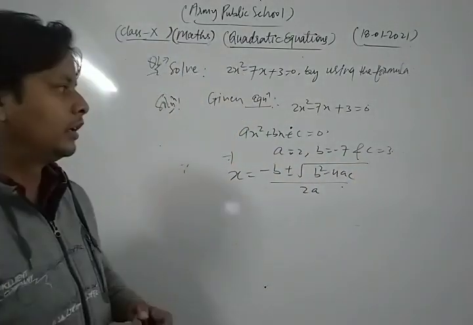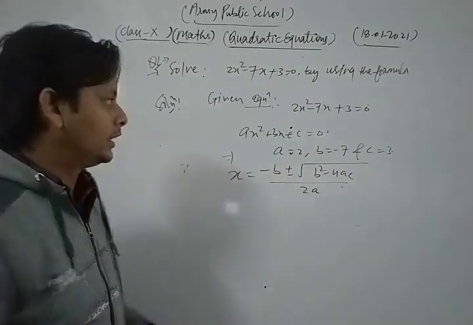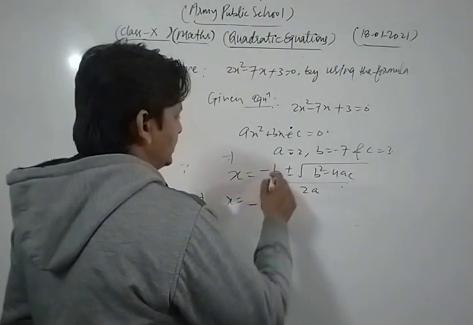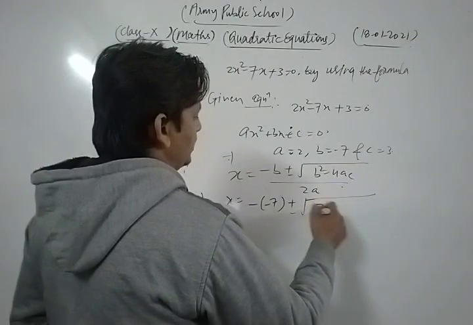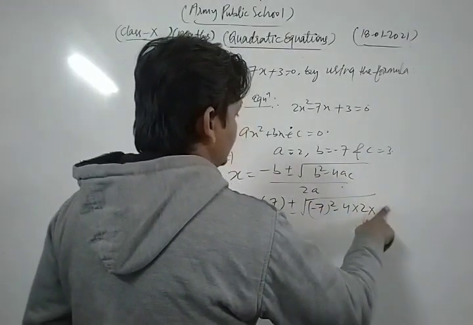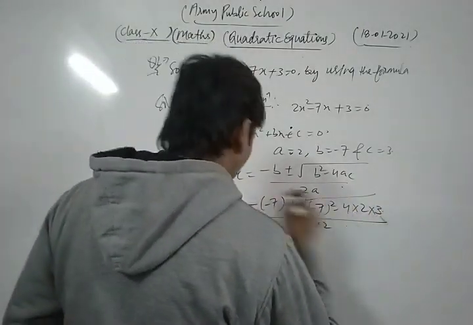Now we put all these values in that formula and solve. We get x is equal to minus b, meaning minus of minus 7, plus minus the square root of minus 7 square minus 4 into a which is 2 into c which is 3, upon 2 into 2.